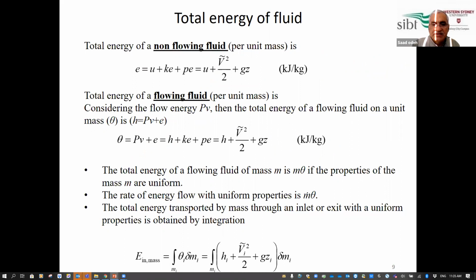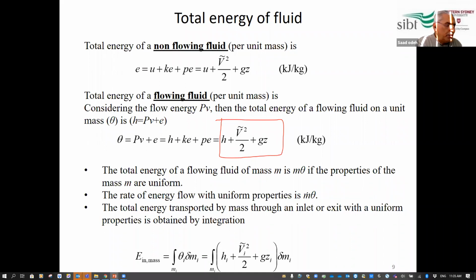Okay, now let's summarize this. For any system, the total energy of a system is represented by this equation. From now on, you don't say U plus V squared by 2 plus gz, you say H, because we have added the flow work of the fluid.